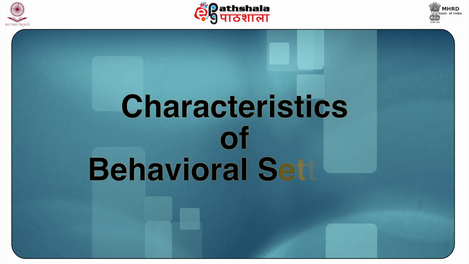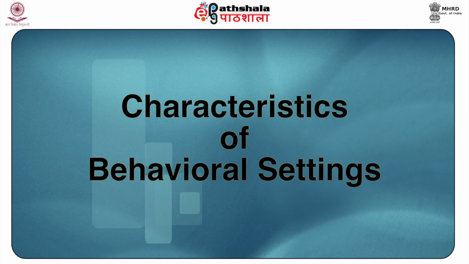Let us now talk about the characteristics of behavioral settings. There are 7 characteristics of behavioral settings. These settings are: number 1, standing patterns of behavior. Second, standing patterns of behavioral milieu. Number 3, the milieu is circumjacent.